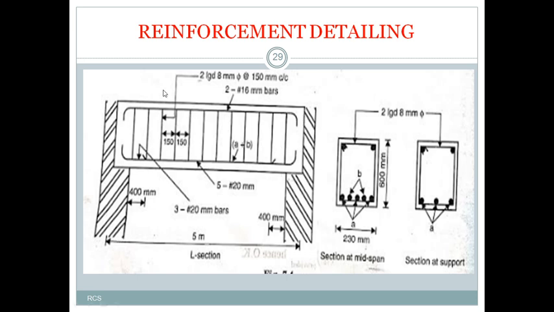If you see here in the longitudinal section of the beam, this bar is bent upward, and these are cut off up to here. These are 2 bars provided up to here only. They are cut off from the support at 400 mm.